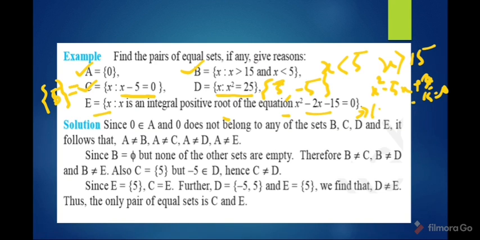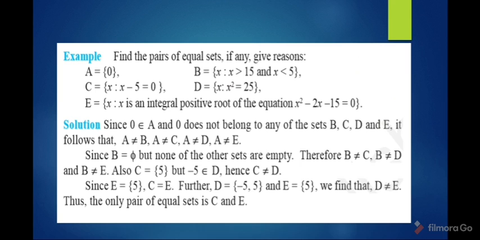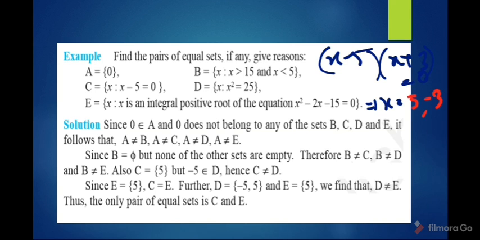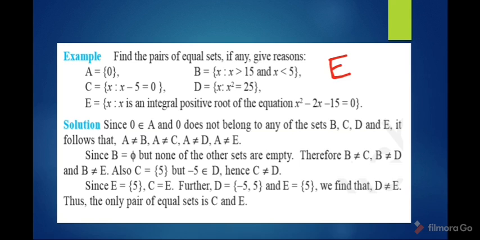So the factorized form will be (x minus 5)(x plus 3) equals 0. Solving, the solution will be x equals 5 and minus 3. But you need the integral positive root, which means E will be only a singleton set consisting of 5.